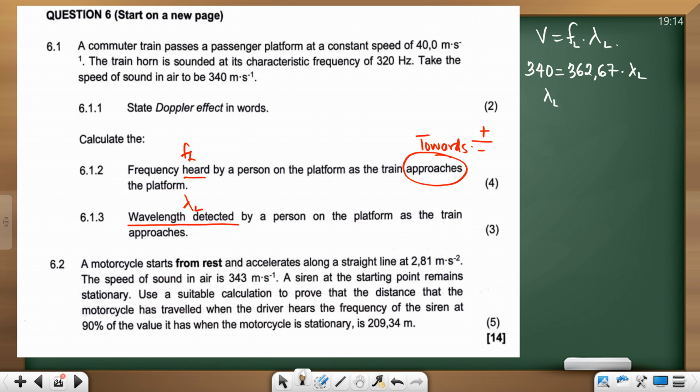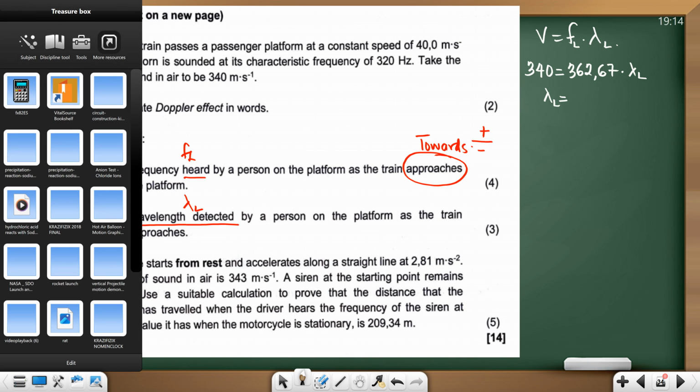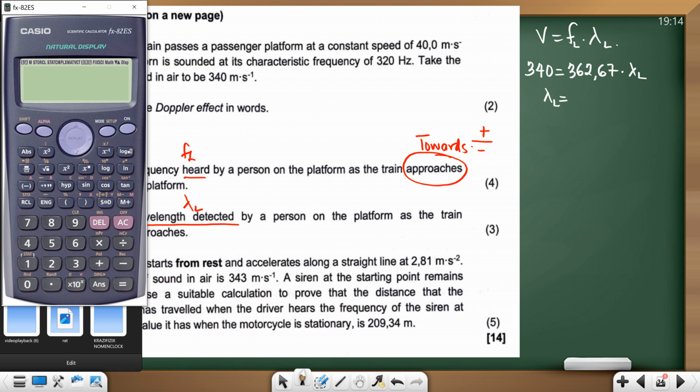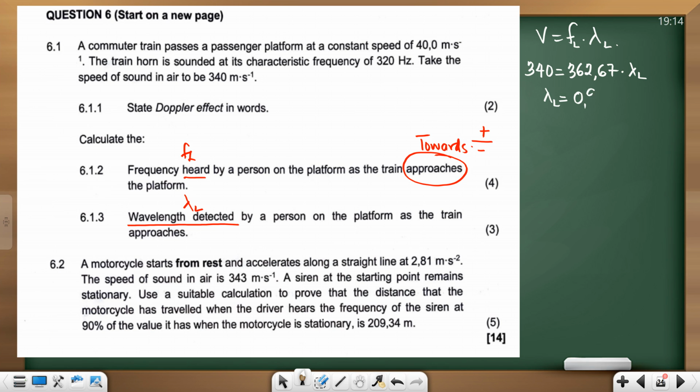So what do we do? We divide both sides by 362,67. What is our answer? 0,94. And remember, wavelength is in meters. I hope that's good. So we learned something there quickly, right?